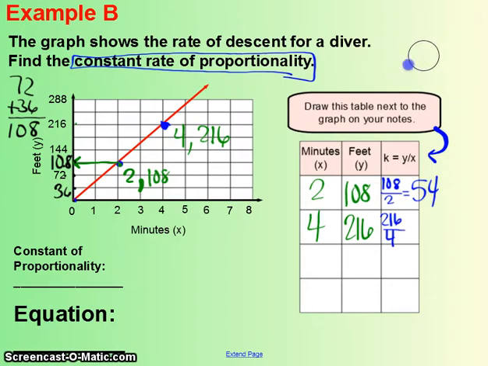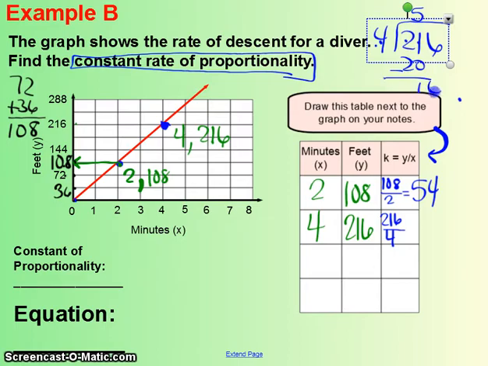Okay, because I have an improper fraction, I'm going to type it out again. Alright, 4 cannot go into 2, but 4 can go into 21 5 times. That gives me 20. Alright, 4 can go into 16 4 times. Alright, we've got our constant of proportionality.